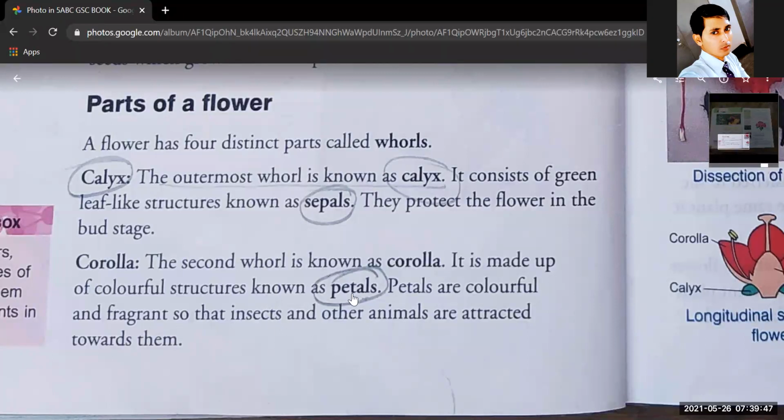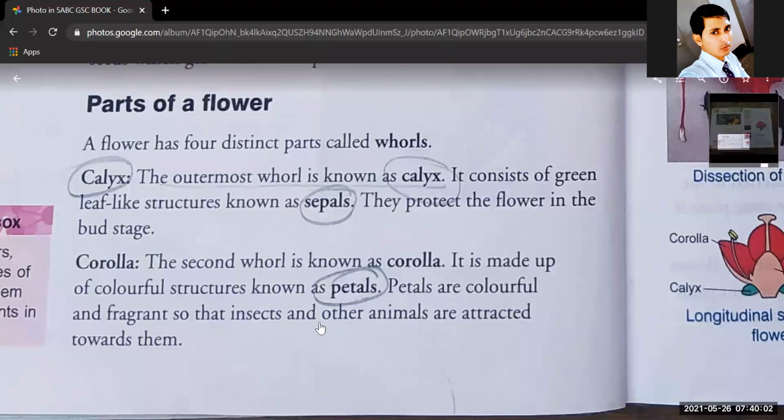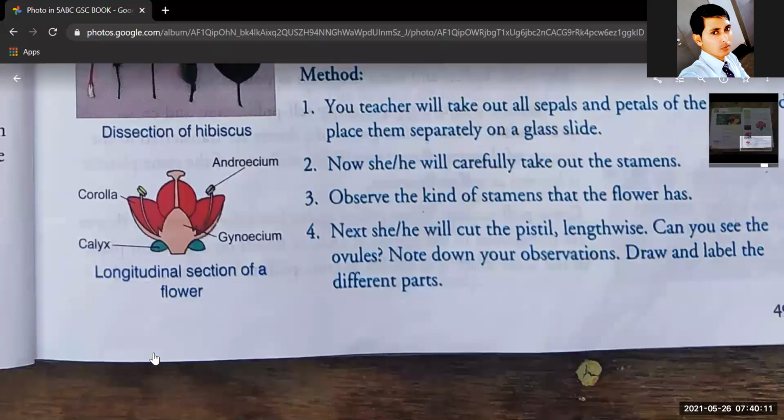What is a petal? Petals are the beautiful parts of the flower. Fragrant means it has a pleasant smell. Just because of that, insects and animals are attracted towards them. Now come to page number 49.